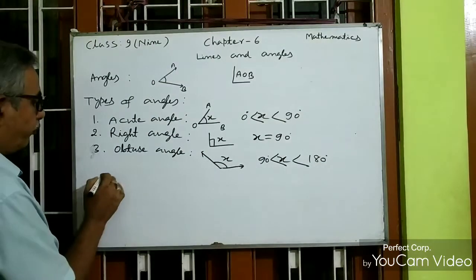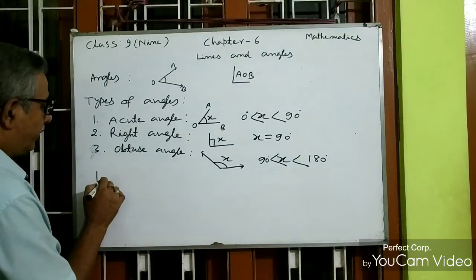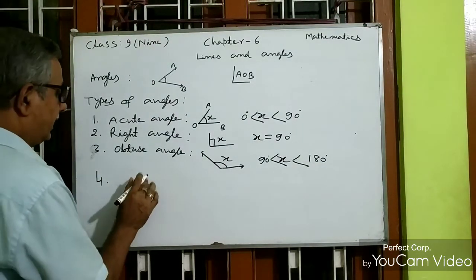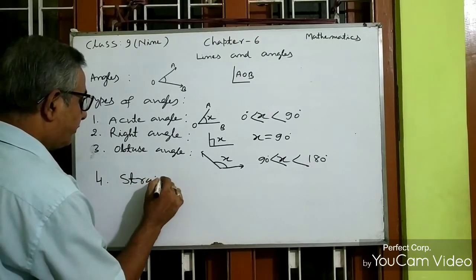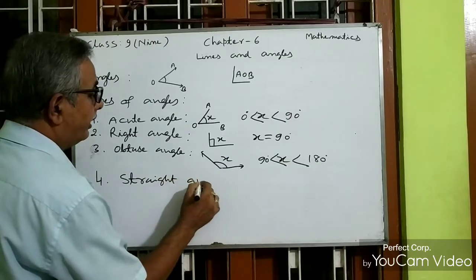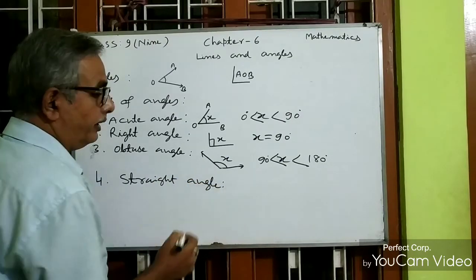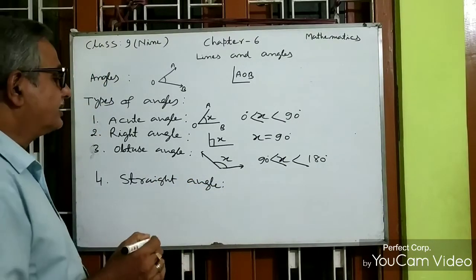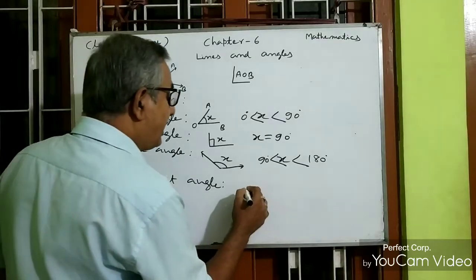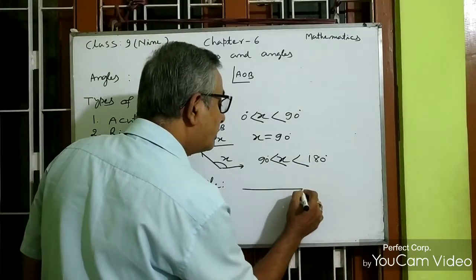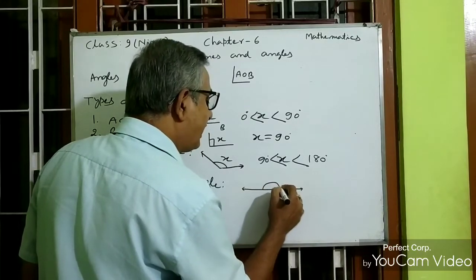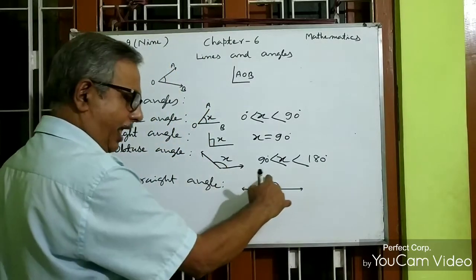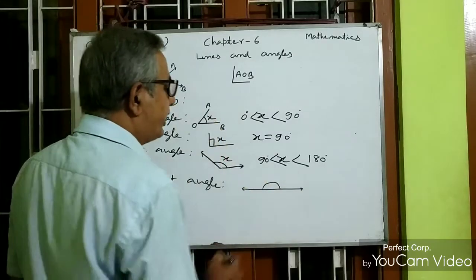Now, number 4, you see another: straight angle. In this case, what happens? Do you understand? This angle you see is an angle on the straight line, so it is called a straight angle.